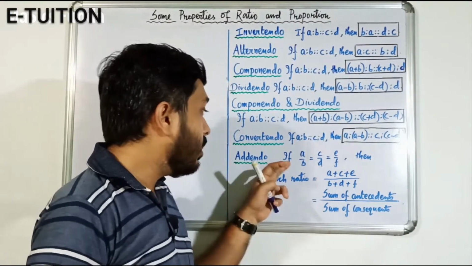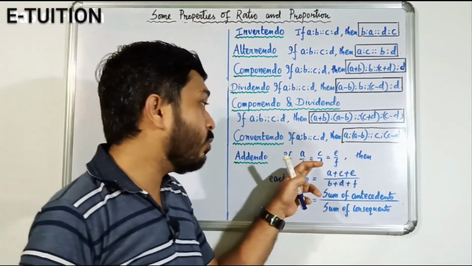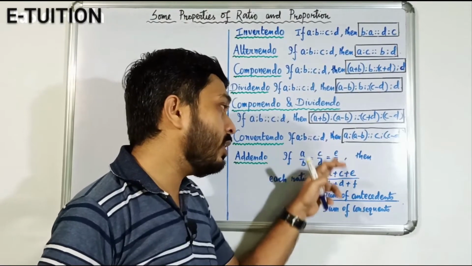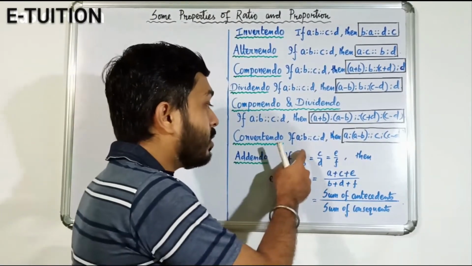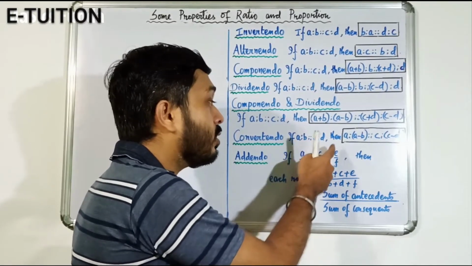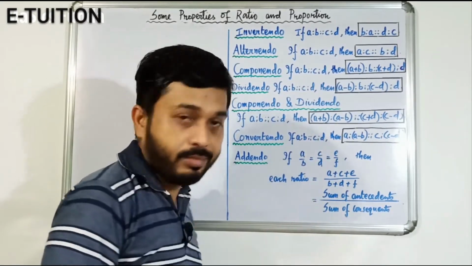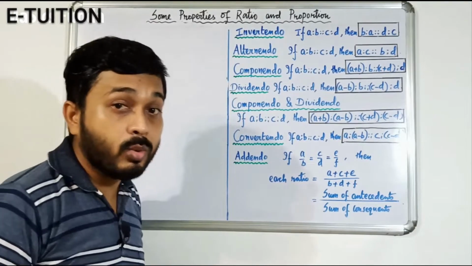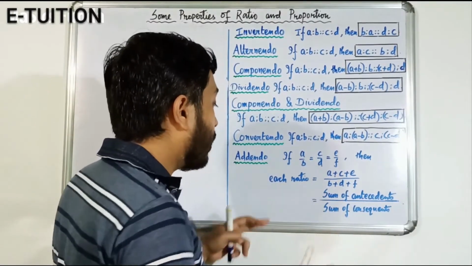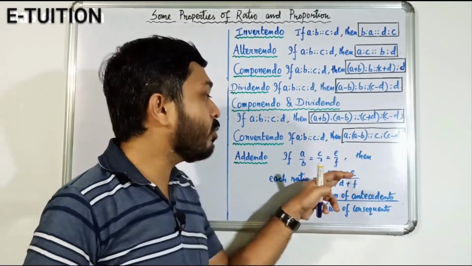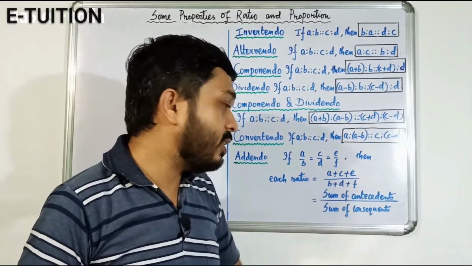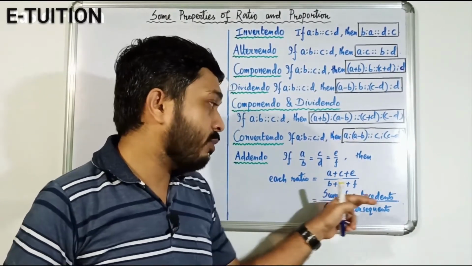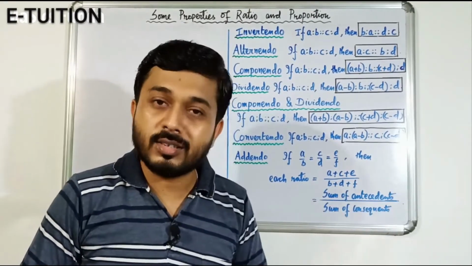According to that, if A by B is equal to C by D is equal to E by F, that is the equality of three ratios. First one is A is to B, second one is C is to D, and the third one is E is to F. If these three ratios are equal to one another, then we can write that each ratio is equal to A plus C plus E whole divided by B plus D plus F. That is sum of the antecedents upon sum of the consequents.